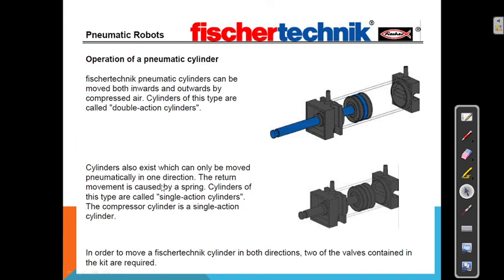Here in the pneumatic cylinder, see this is the diagram of this pneumatic cylinder. We can see now it will go inward. If you want to give air to the last position of that particular system, then we will get the output of this pneumatic cylinder.